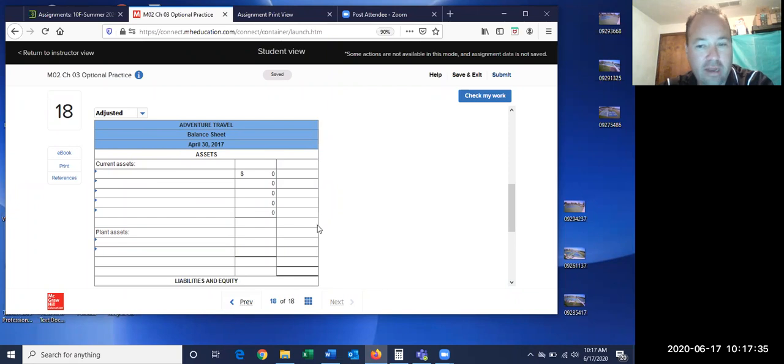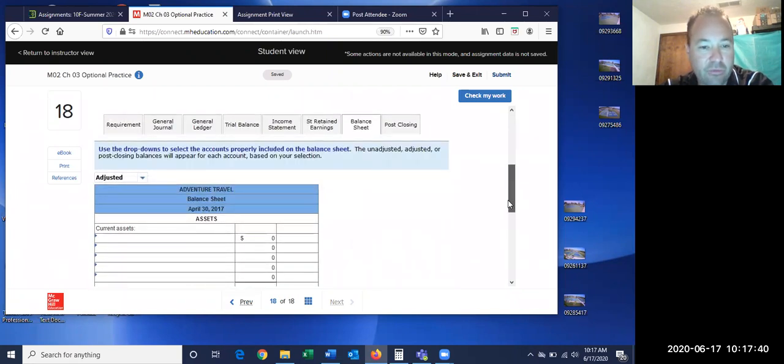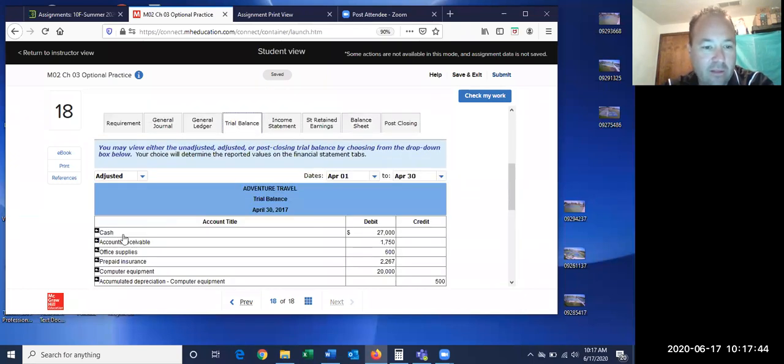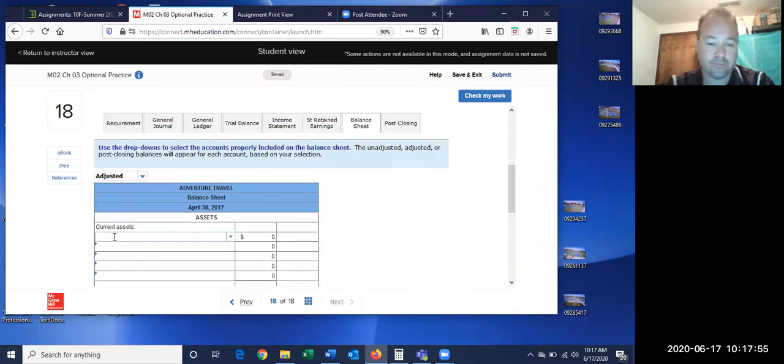All right, our current assets. It's going to be definitely cash. Usually there's accounts receivable. Let's see what we have. Trial balance. Yep, cash, accounts receivable, and then office supplies and prepaid insurance. But we can come back and get those. So cash and accounts receivable first. Cash. I like it that it puts the numbers there for us.